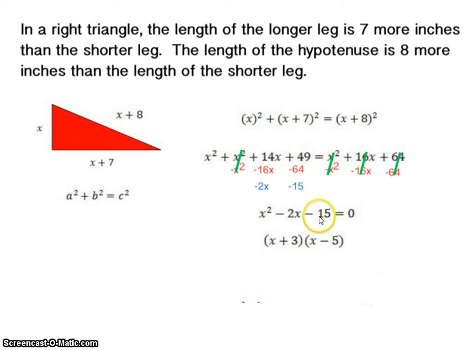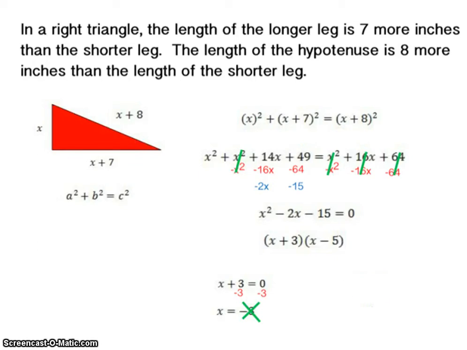Well, when I look at two numbers that multiply to be negative 15 and add to be negative 2, it turns out they're 3 and negative 5. So I'm going to use those to write my factors. Going to set each factor equal to 0 and solve. The first one gives me x equals negative 3. I know I can't have a negative length, so that's out.